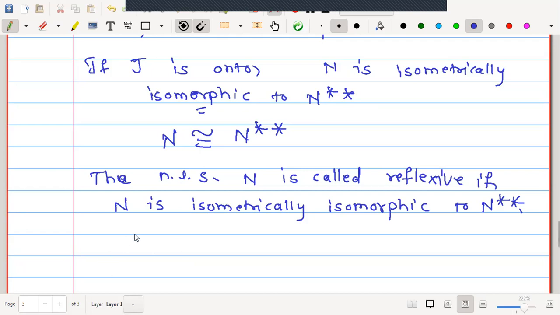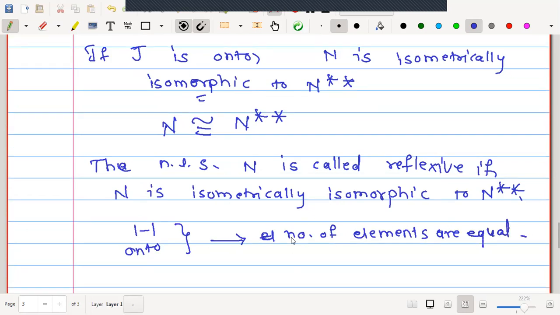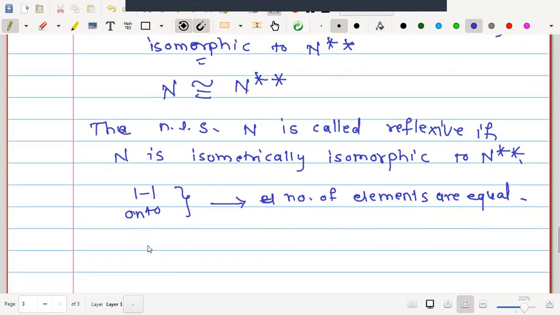Whatever properties we are writing now: one-one and onto. This one-one and onto gives us that the number of elements are equal. This is the first property for n and n double star. Homomorphism, that is linearity, gives us structure preserving.